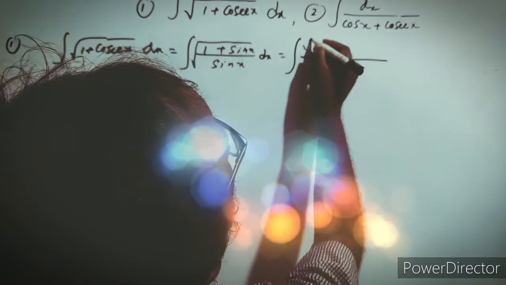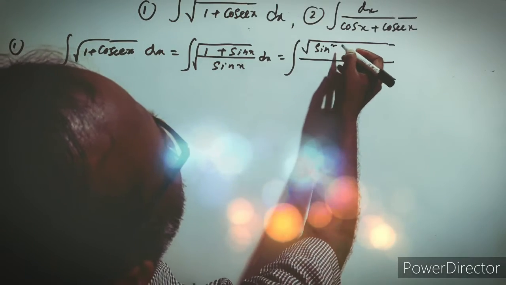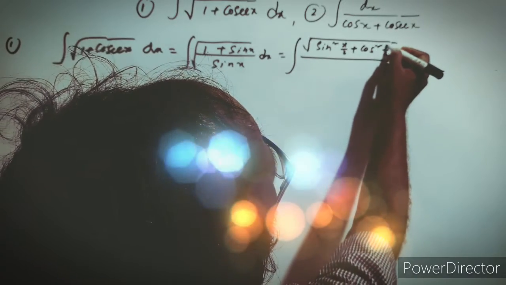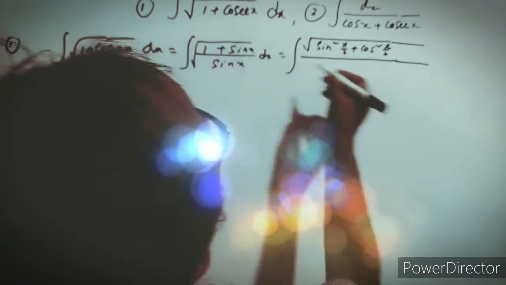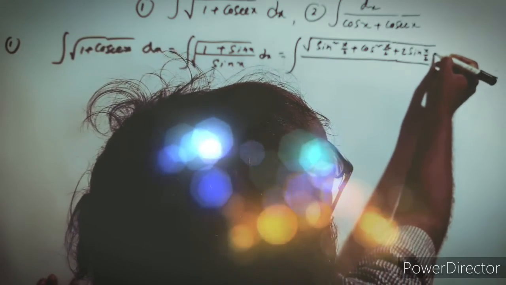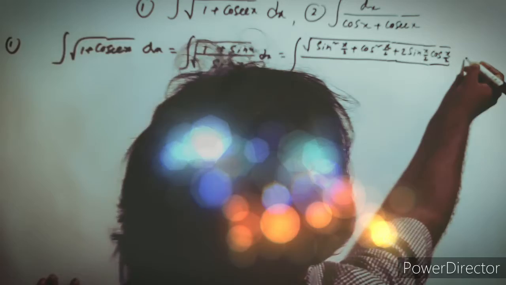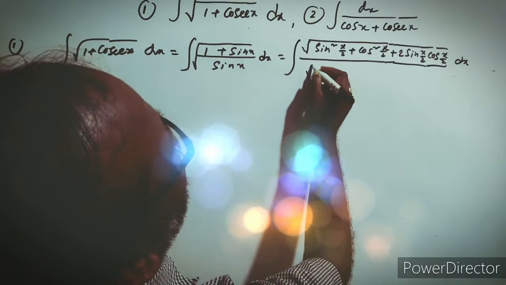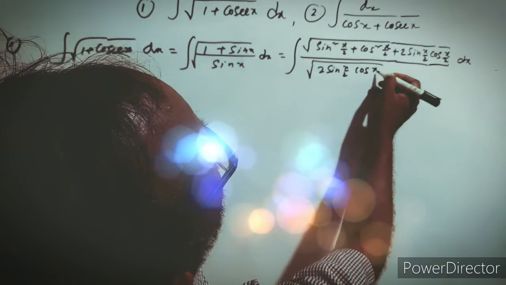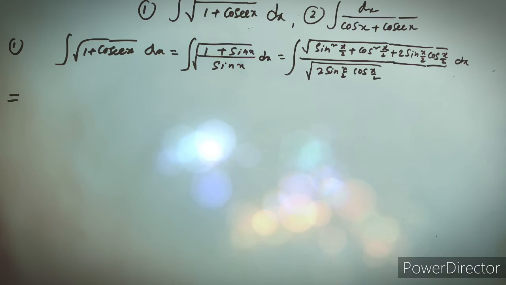In place of 1 we can write sin square x by 2 plus cos square x by 2, and in place of sin x we write 2 sin x by 2 into cos x by 2, dx, under root 2 sin x by 2 and cos x by 2.